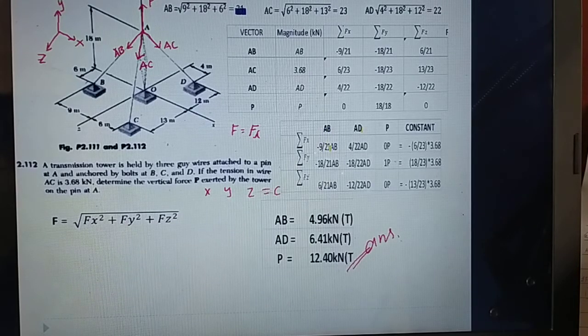So the coefficient along x is negative 9 over 21, for AD 4 over 22, and for OP, 0. I represented 0 because the P is acting just along the y-axis.